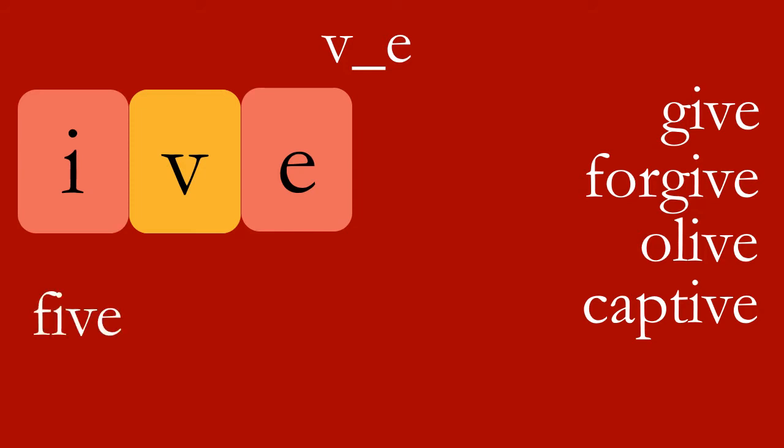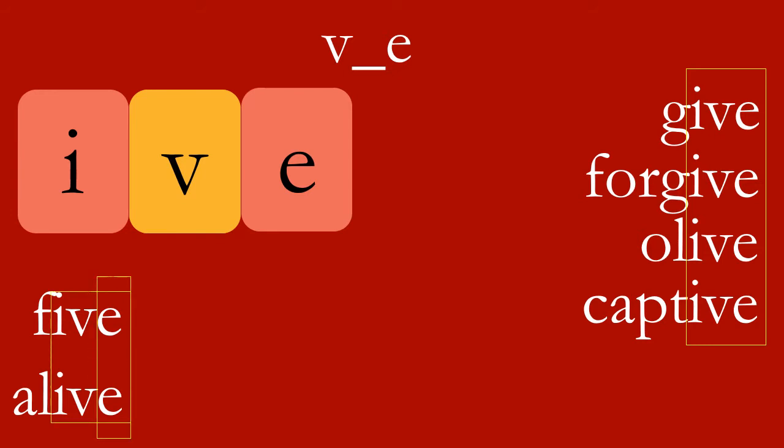There's another problem. The E, when it comes after a V, doesn't change the vowel before it in many cases. So iv, even with an E, many times is still iv. Like give. It's not give with a long I, it's give. And forgive.